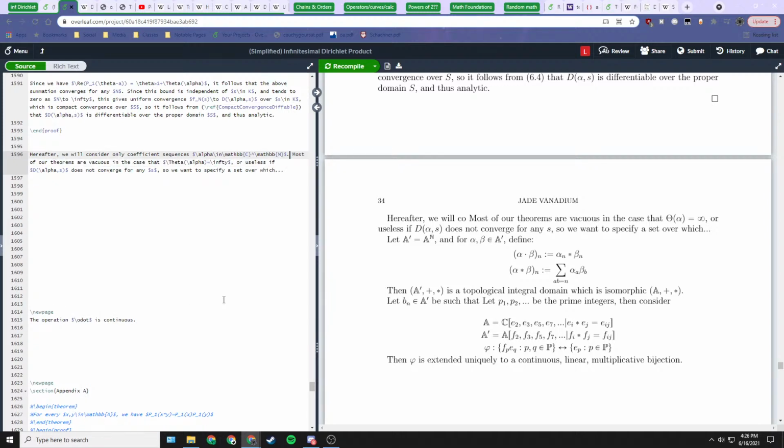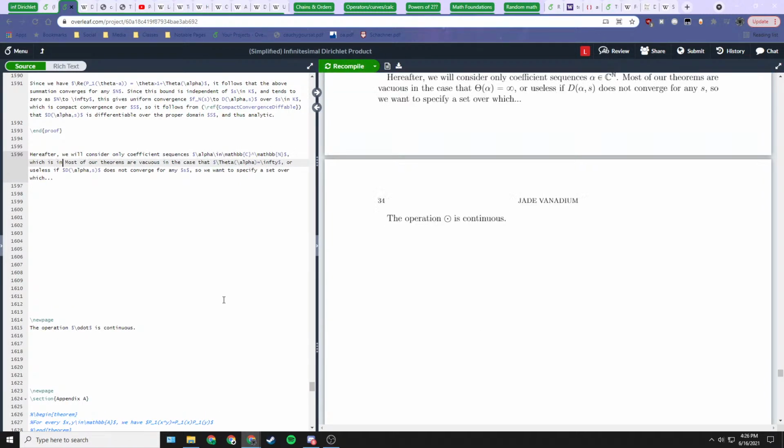Hereafter we consider only coefficient sequences alpha in C to the n, which is identified with A.